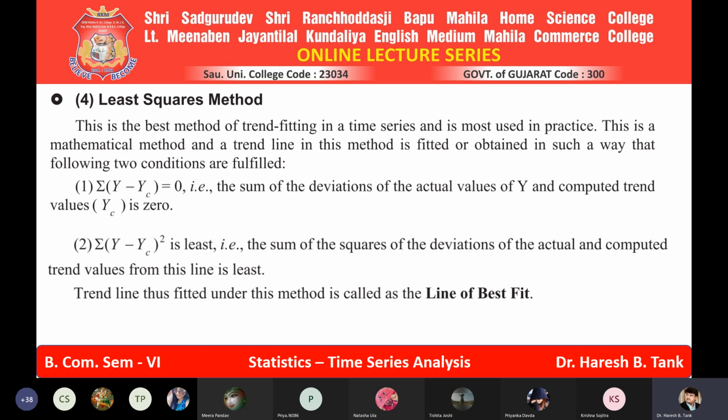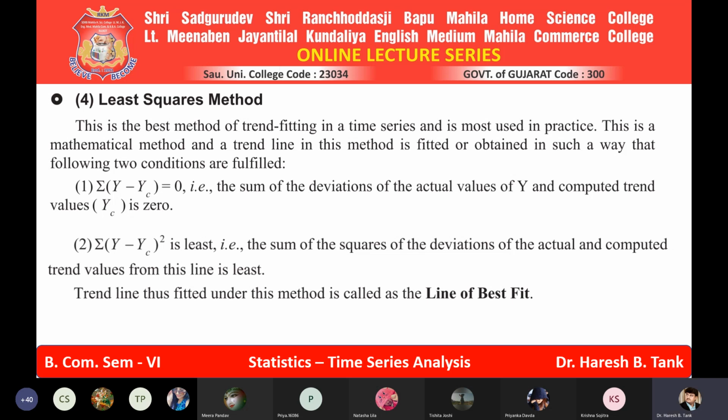If these two conditions are satisfied, then you can say that the line you are getting is the best fitted line. That is our intention, to get this line of best fit.